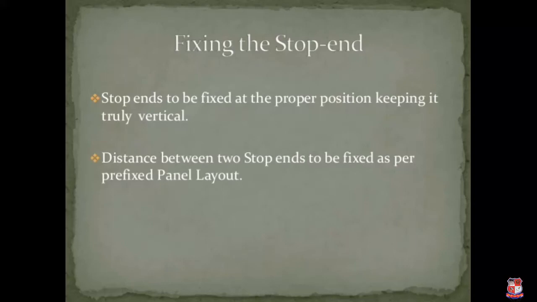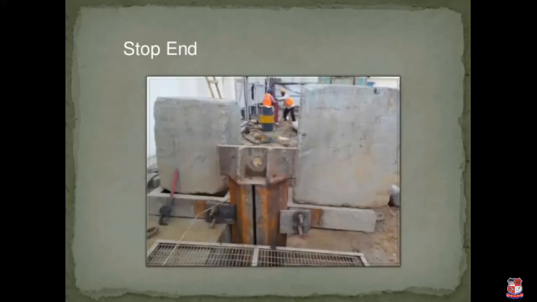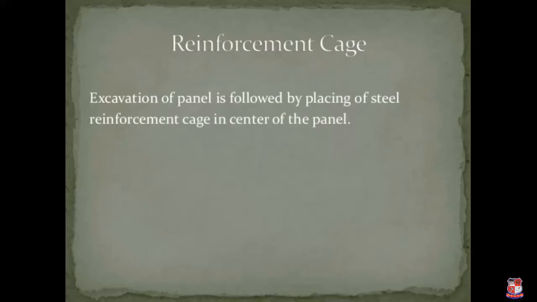Now, fixing the stop end. Stop end is to be fixed at a proper position, keeping it truly vertical. Distance between two stop ends is to be fixed as per the prefixed panel layout. So, stop end can be seen in the image. Now, reinforcement cage. Excavation of panel is followed by placing of steel reinforcement cage in the center of the panel.